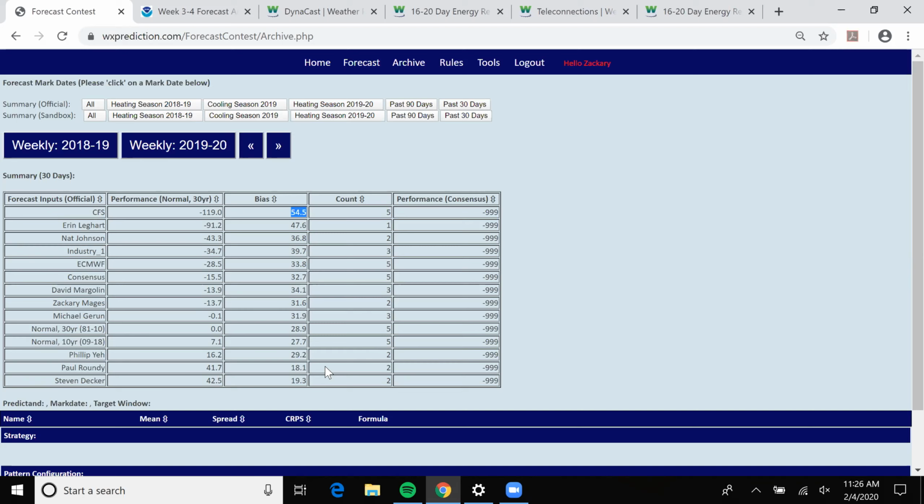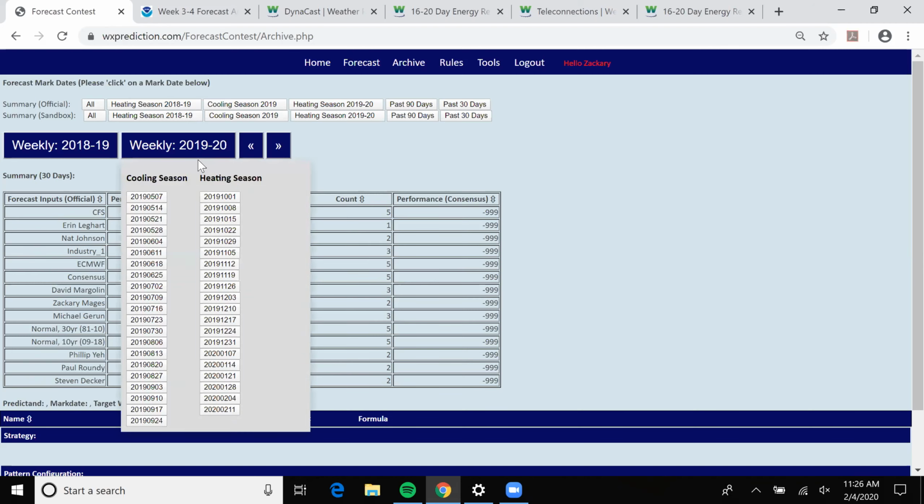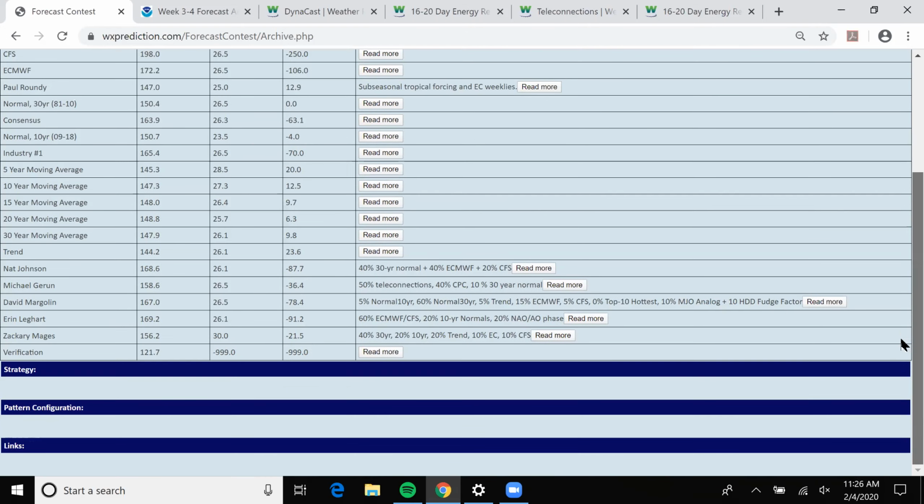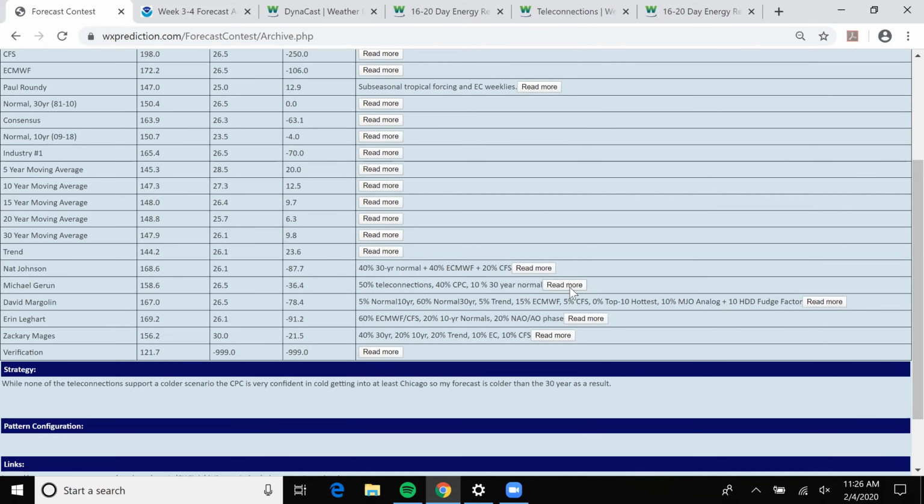So I know from my forecast, I had to look at it just to make sure, but for this one, I noticed there was no teleconnection support. So all of the AO, EPO, NAO, maybe even the PNA, but I don't remember about that one, but none of them had any support for the cold solution the CPC was going with.